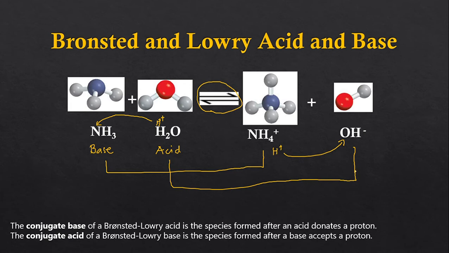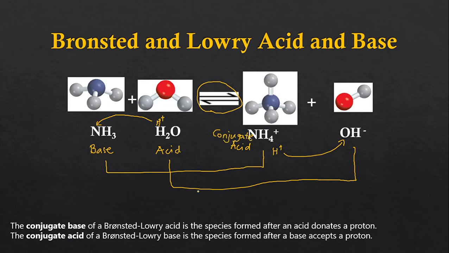Ayan, yung hydroxide babalik sa pagiging water at yung ammonia, matatanggalan siya ng H positive, babalik siya sa pagiging base. So, ngayon, ano yung nature ng ammonium dito? Since ang ammonium ay mag-donate ng proton kay hydroxide, this will act as an acid. Pero we call this a conjugate acid.